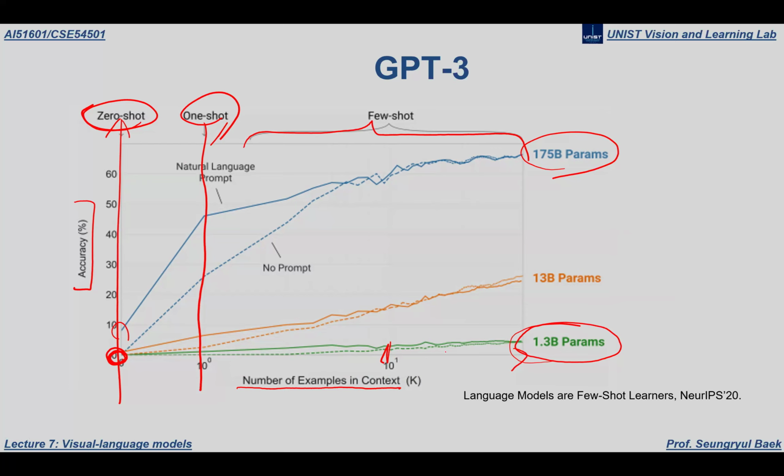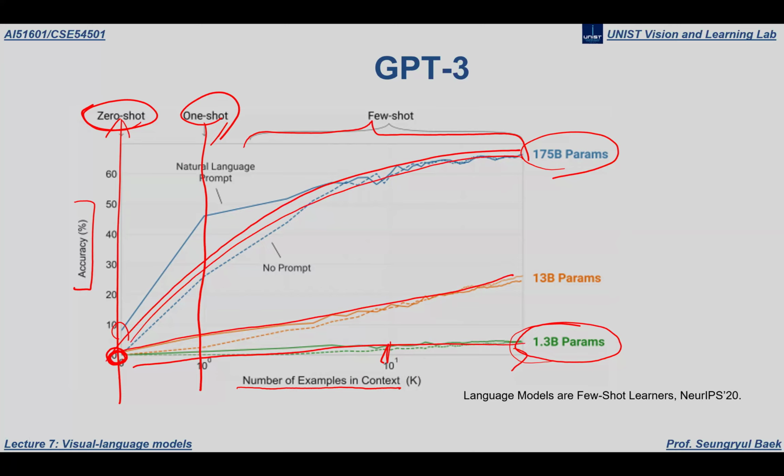We can see what happens when the architecture size becomes larger. The blue lines are the testing accuracy measured for the largest GPT-3 model, and the green lines are for the smallest GPT-3 architecture.